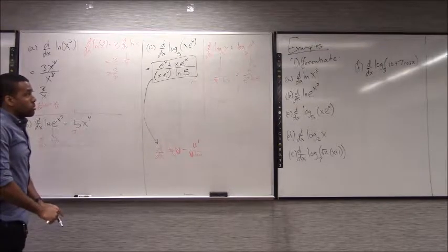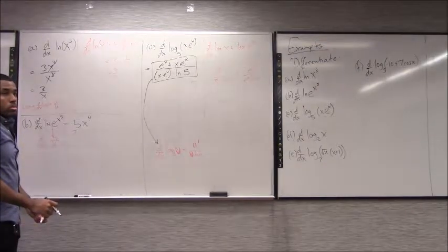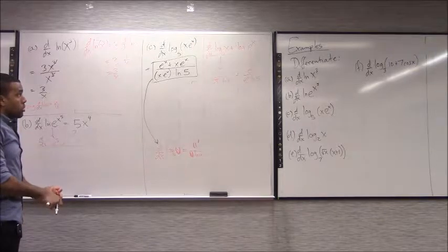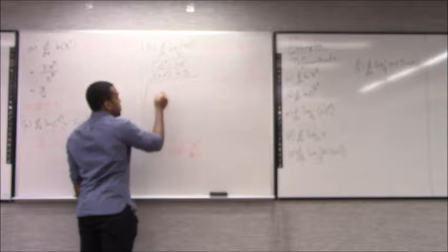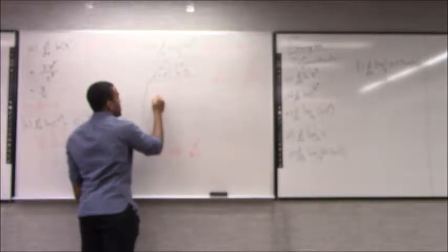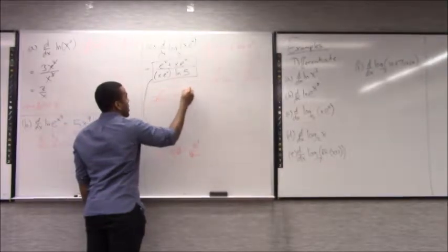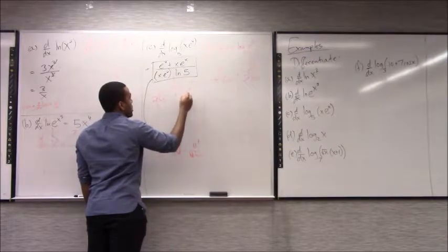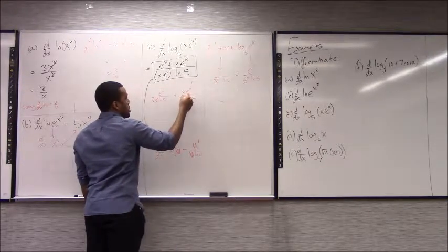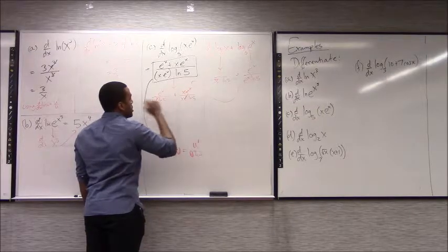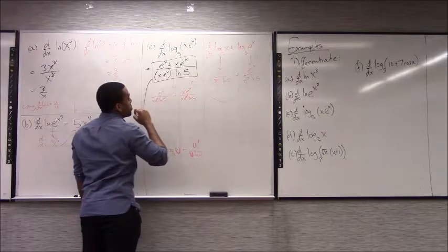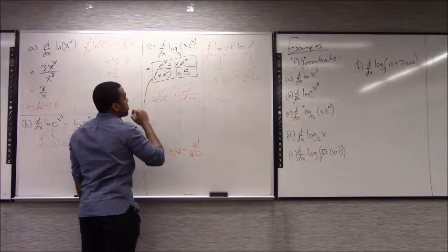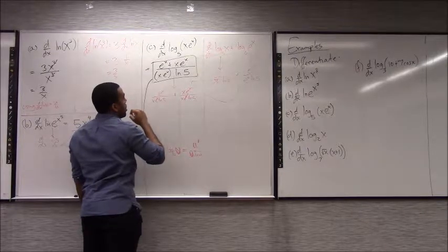Could you simplify? Take out the e to the x on the left. Well, I could have done that, but I wouldn't think of that as simplifying though. You could have split this up: e to the x over x e to the x ln 5 plus x e to the x over x e to the x ln 5, and in this case the e's would cancel. I just meant cancel the e to the x in both the numerator and the denominator, like factor it, take the e to the x out.